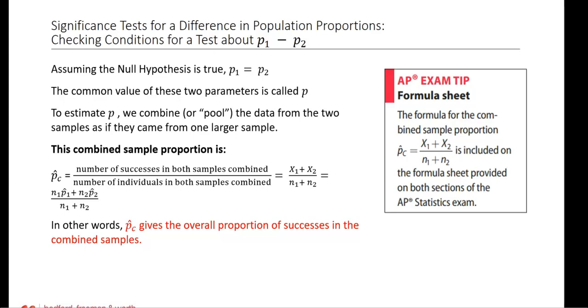You're going to add those two successes up. Instead of doing separate fractions, we're really making one big fraction called the combined proportion. And then the sample size, same thing in the denominator, we're just adding up the two sample sizes. If you didn't know the successes, you would have to do n p hat for each one to get them. Many times they're going to be given, but it depends on how they ask it.